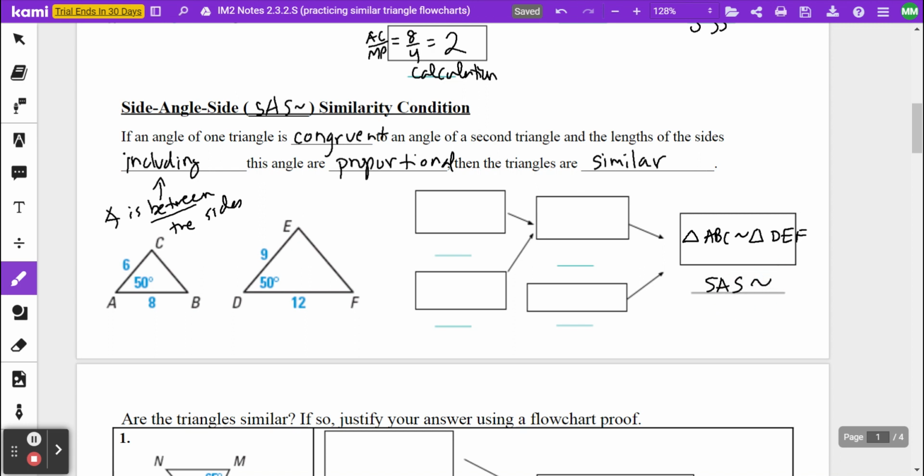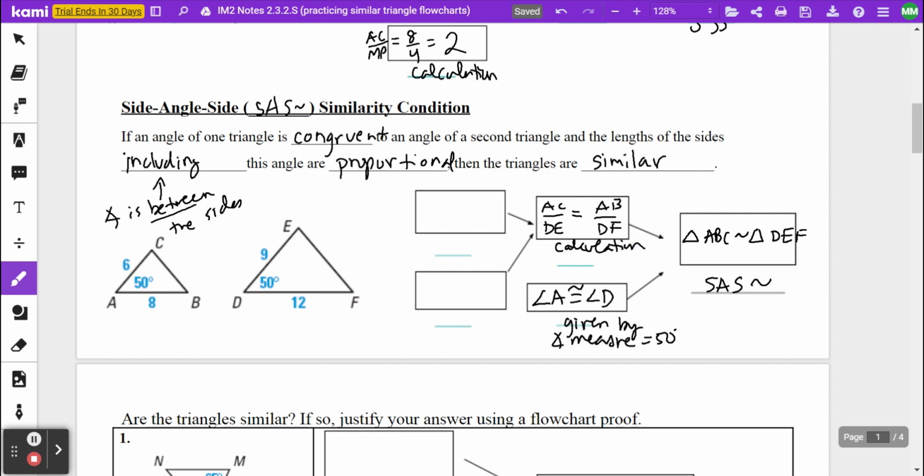All right, so we'll have our statement about the angle. Angle A is congruent to angle D, that's given by angle measure equals 50 degrees. And if AC over DE equals AB over DF, if we can find that by calculation, then we will have a valid proof.